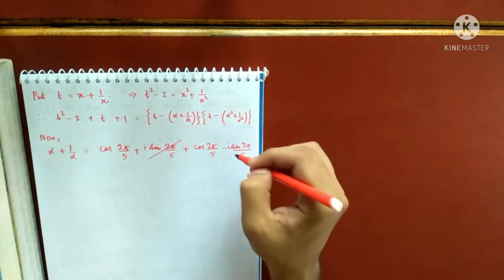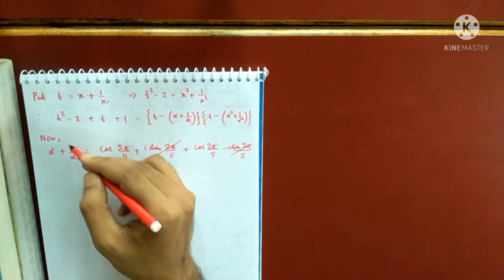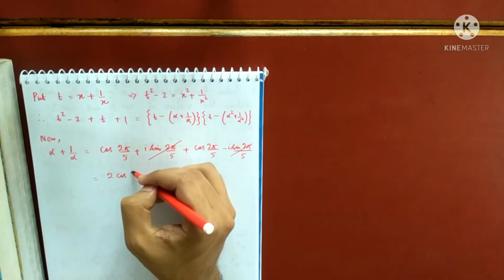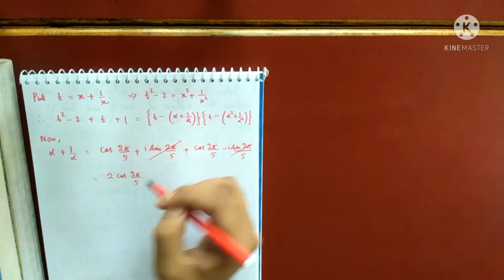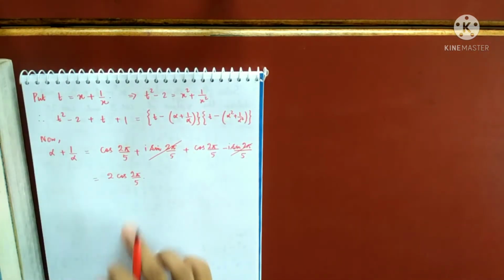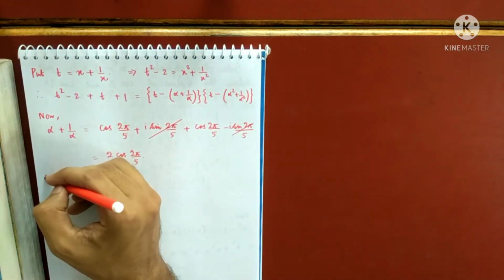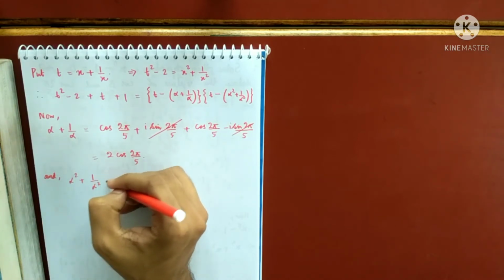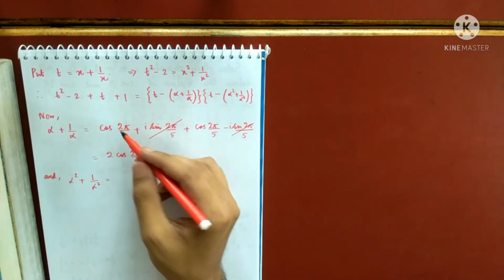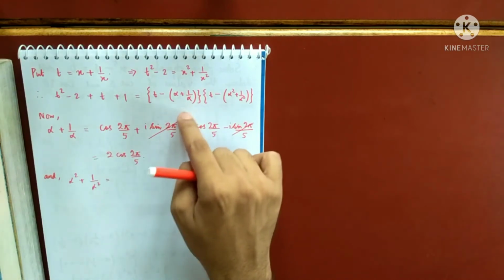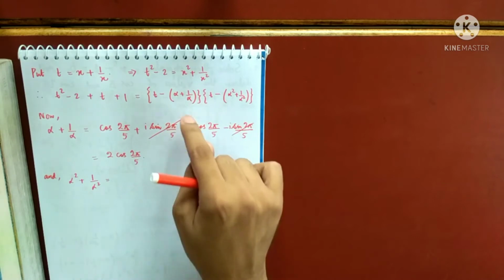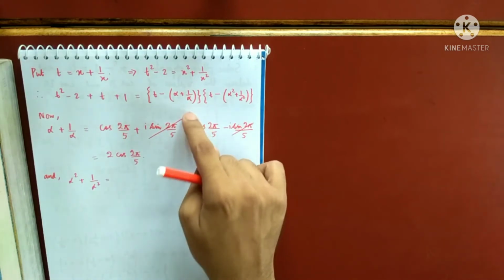As a result, this 2 is getting cancelled out. So what is the value of this number, alpha plus 1 by alpha? It is 2 times cos 2 pi by 5. So this whole thing can be replaced by this, and alpha square plus 1 by alpha square. Alpha square means square of this quantity, and by De Moivre's theorem there it will become 4 and there it will become 4, because whatever is there in the power, that will come here.